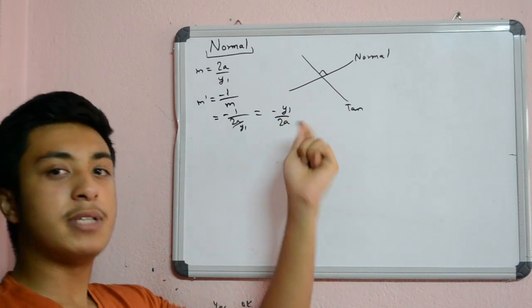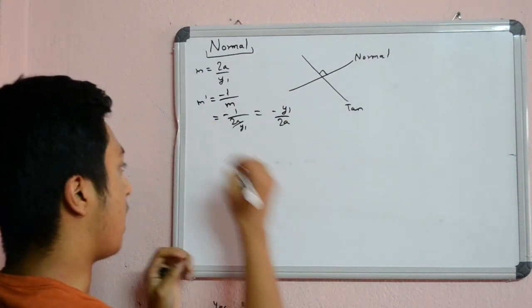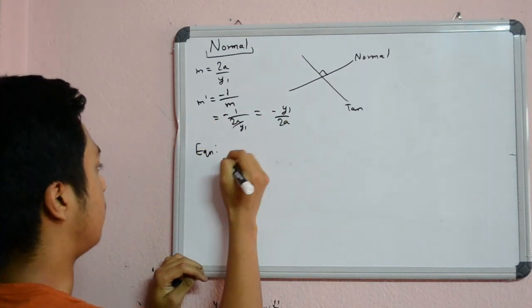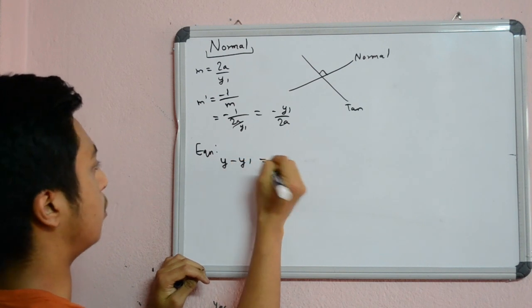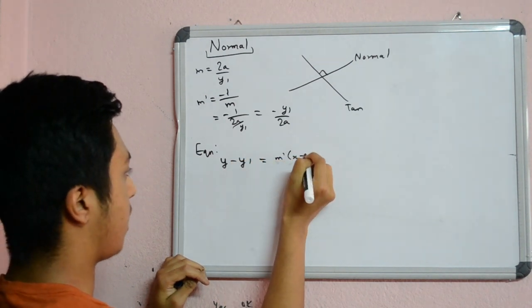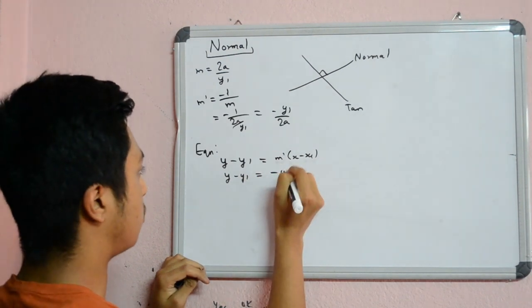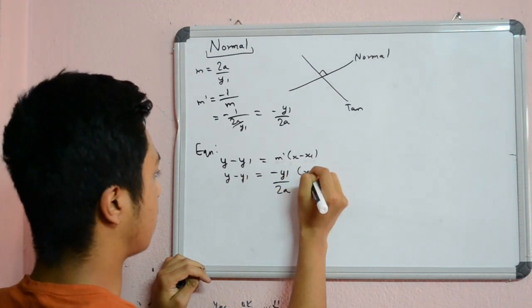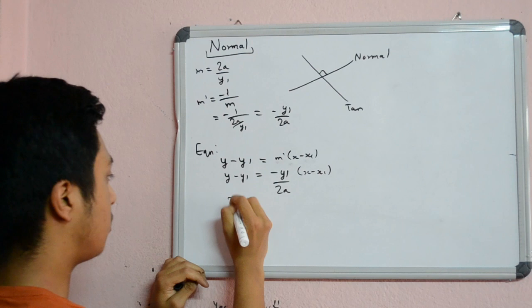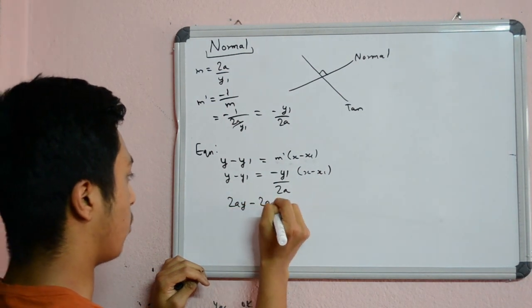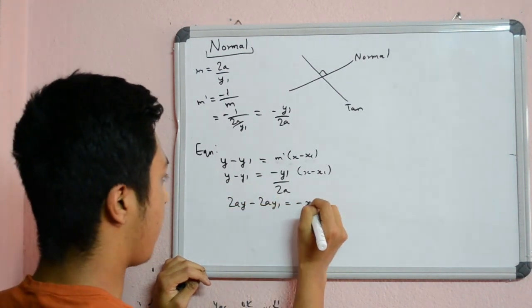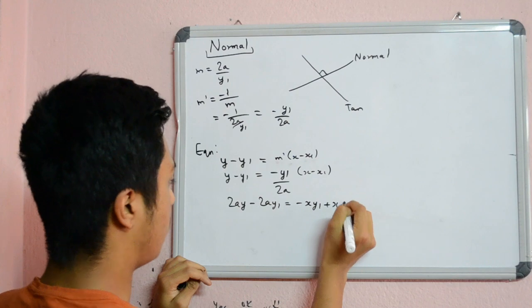And here simply put that into the equation of a straight line like before, and you have y minus y1 is equal to m prime times x minus x1. Substitute the value for m prime, you'll get minus y1 by 2a times x minus x1. So 2ay minus 2ay1 is equal to minus xy1 plus x1y1.